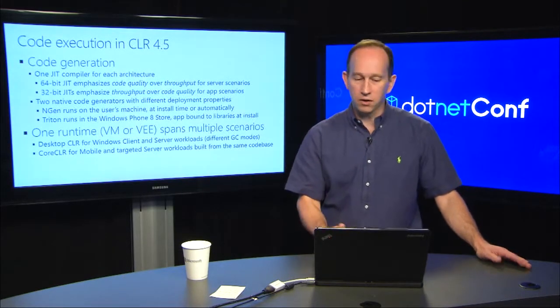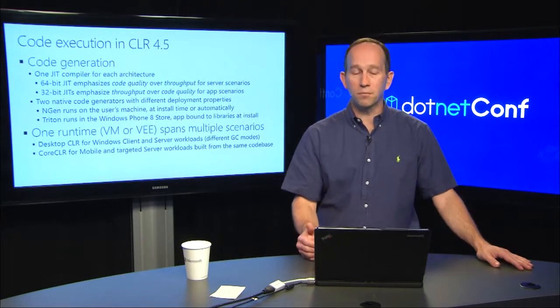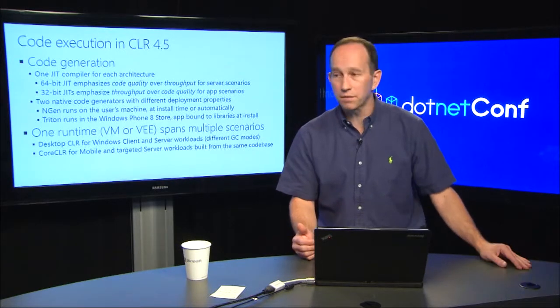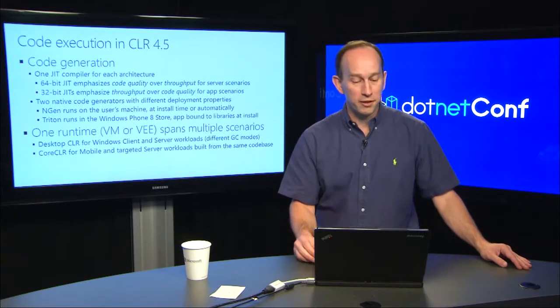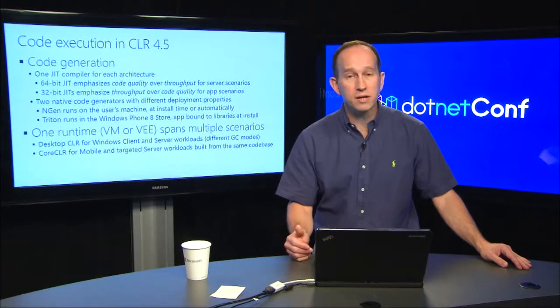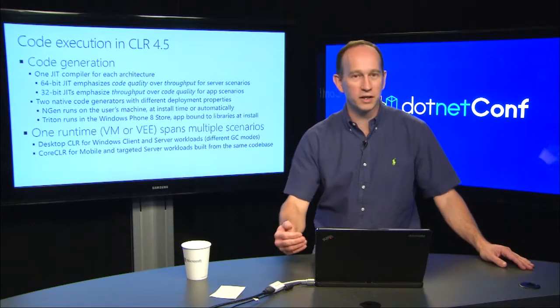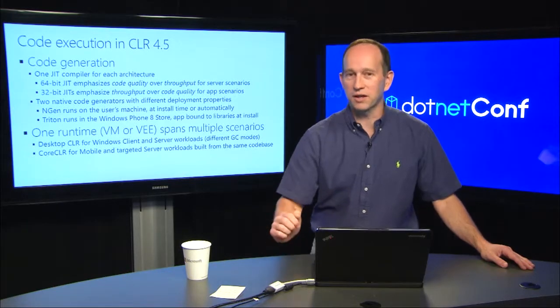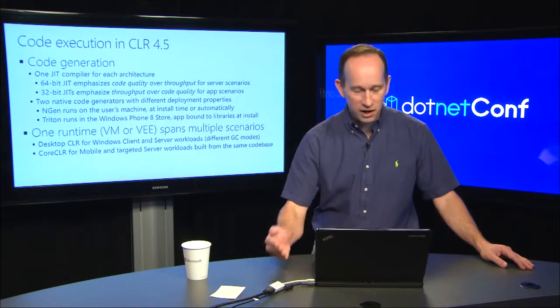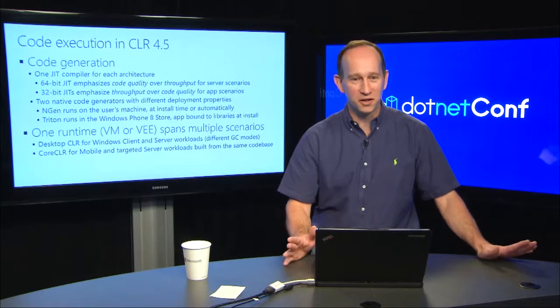So as I was saying, in code generation in CLR 4.5, we've got a couple of JIT compilers. I talked a little bit about this in my first talk, and we are investing in our JIT compilers with RyuJIT. So we are definitely not going all native, all static. In .NET there are many scenarios we need to satisfy, and we're making sure to hit all of them.